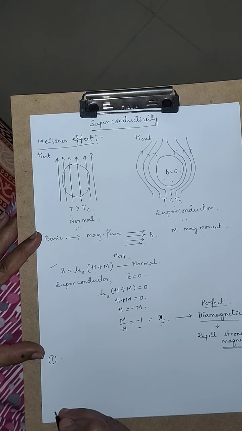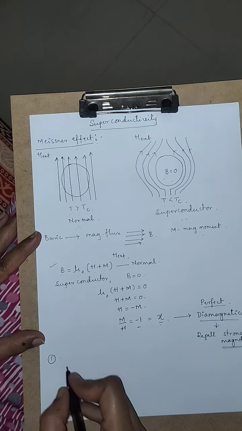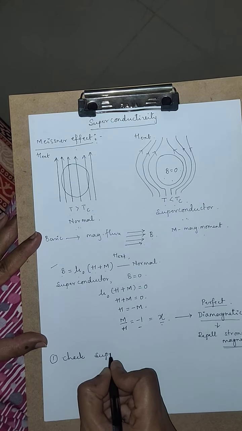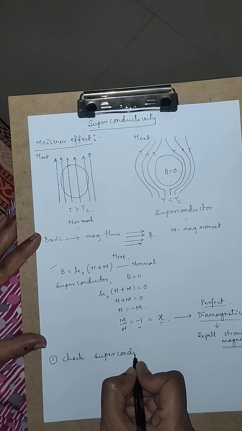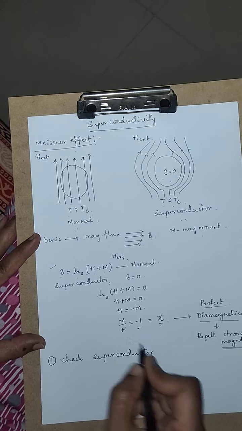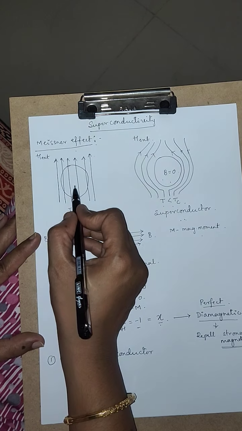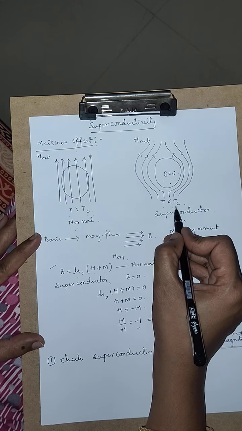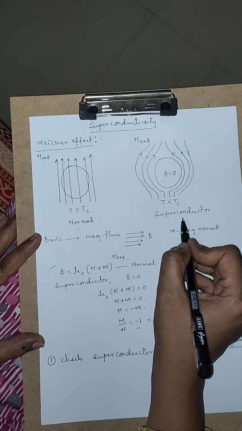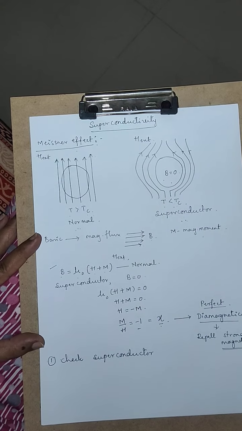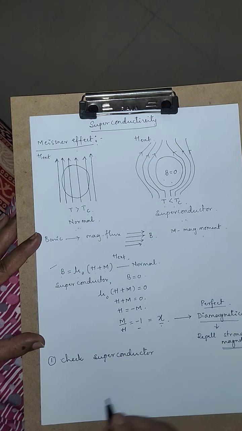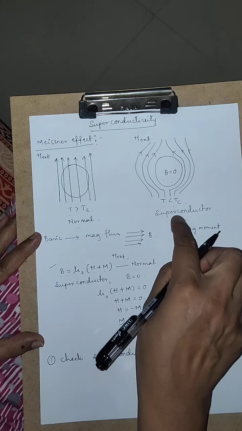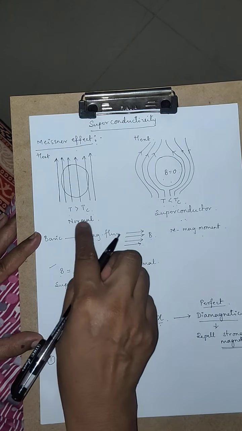The first purpose is to check whether the given material is a superconductor or not. How are we going to check that? Hold the material at normal temperature, and the flux will enter the body. The same material, when held below the critical temperature, acts as a superconductor, the flux inside the body is 0, and it acts as a diamagnetic material. So we can check in this way whether the given material is a superconductor or a normal material.